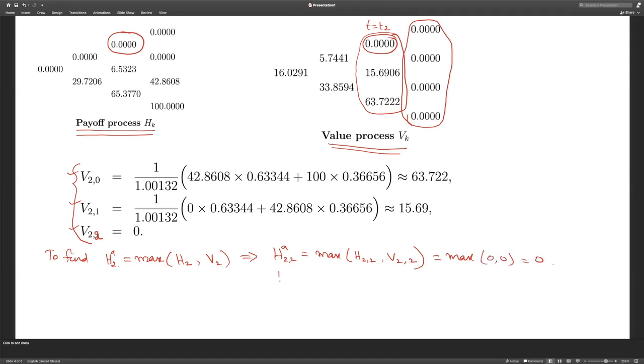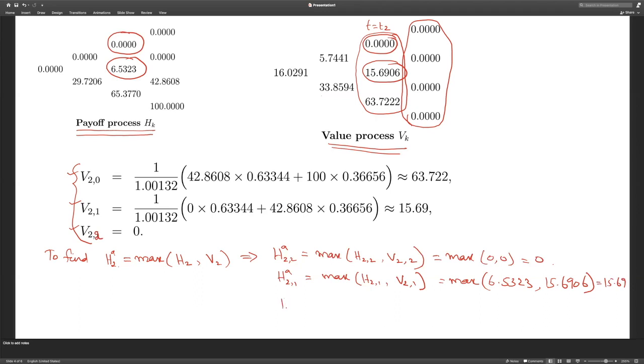And HA21 is maximum of H21, V21, where H21 is given by this, that is 6.5323, and V21 is given by this, 15.6906, and therefore it is 15.69 approximately.